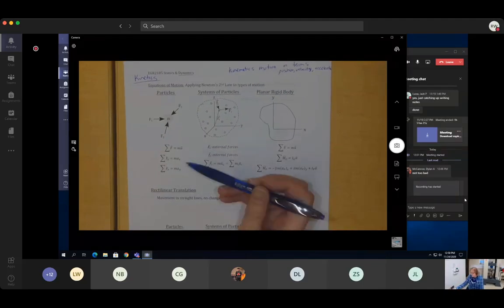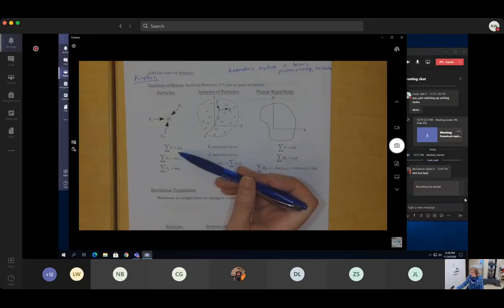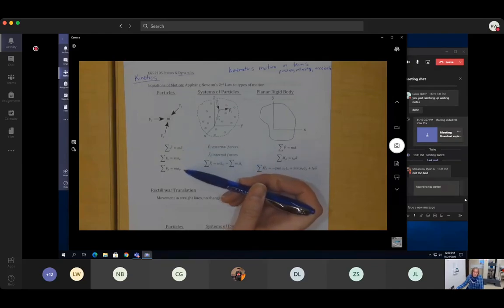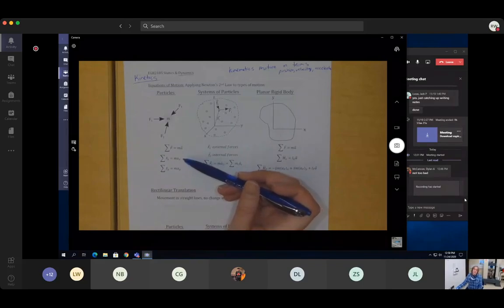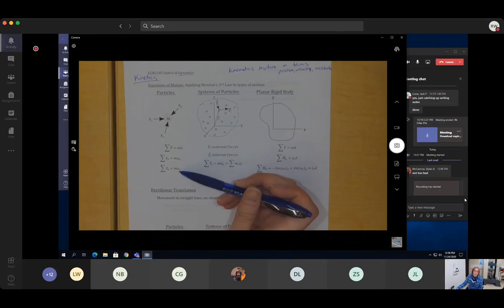And so we've got sum of forces in all directions are equal to the mass times the total acceleration. We can break that into X and Y because we treat them as independent. Forces in X only cause accelerations in the X direction. Forces in Y only cause acceleration in the Y direction.